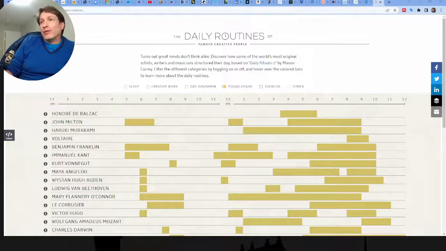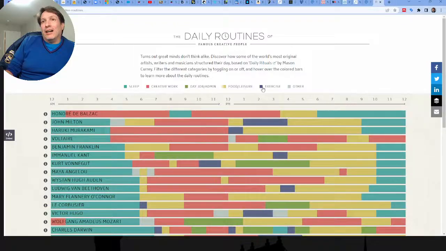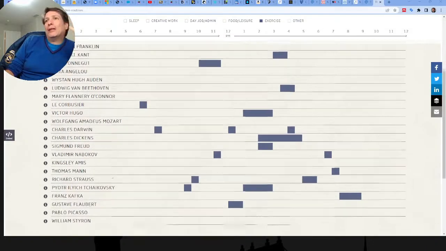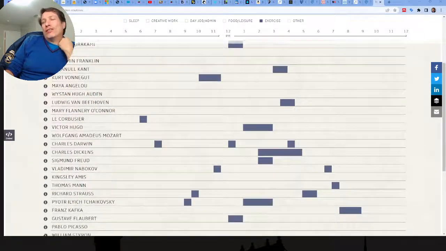An important aspect of the life of people: food and leisure, and exercise. And now we can start seeing some interesting health profiles of these famous people.